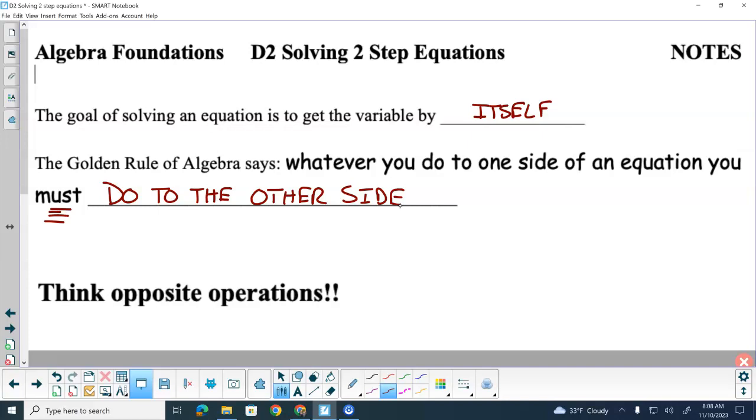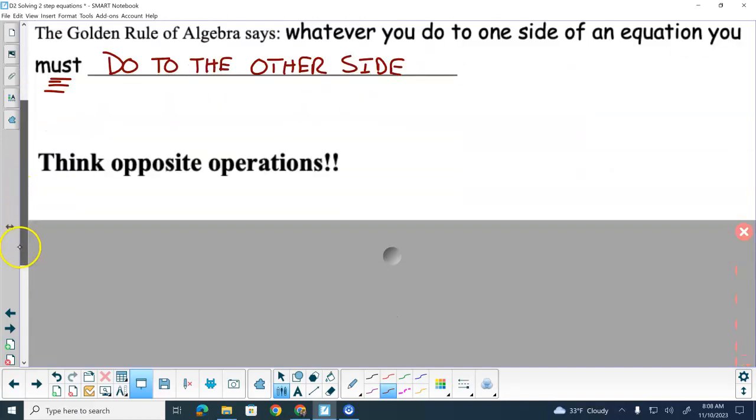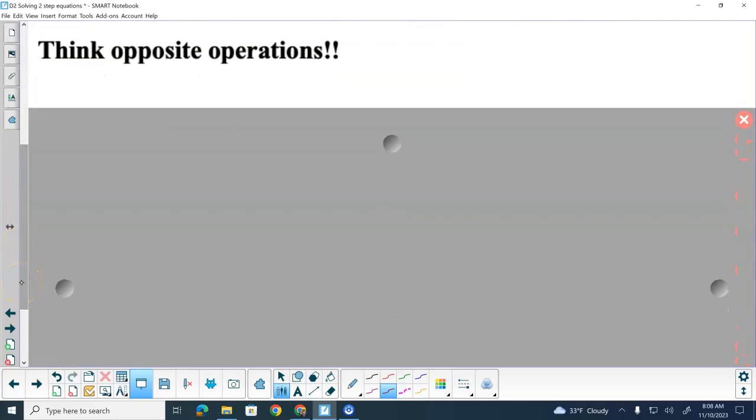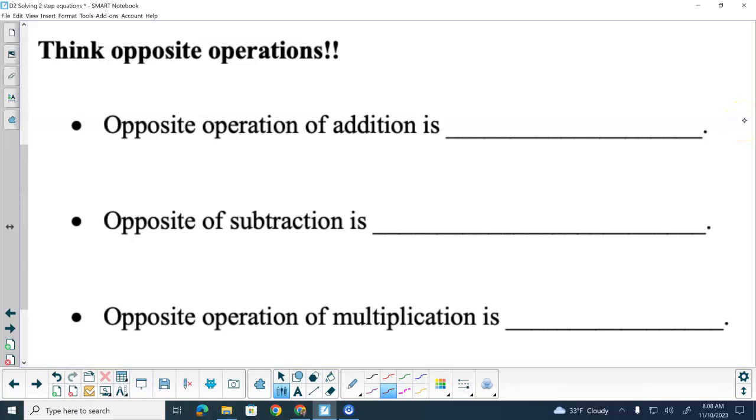And then we have to think opposite operations. What's the opposite of addition? Subtraction. Opposite of subtraction.